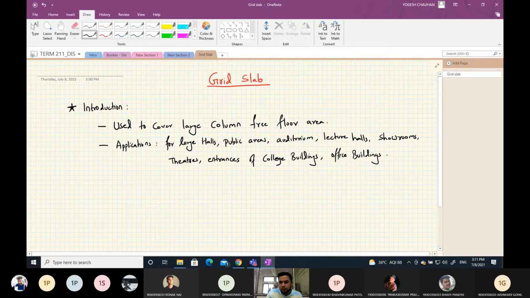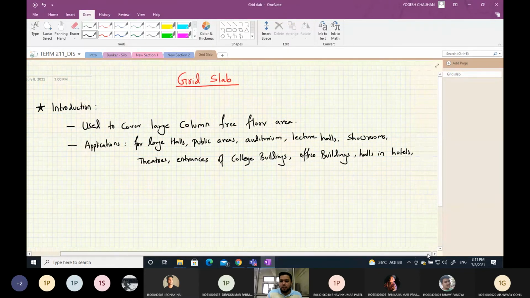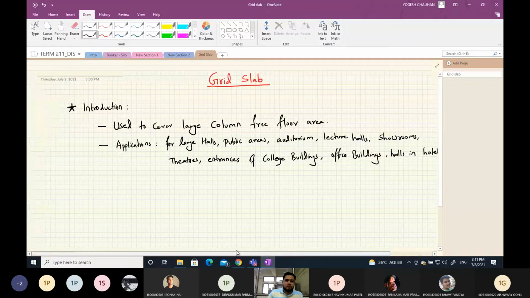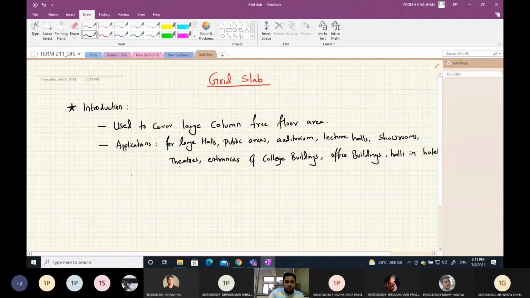Then halls in hotels, and many more applications are there where the grid slabs can be used. Sometimes they are also provided for architectural purpose.